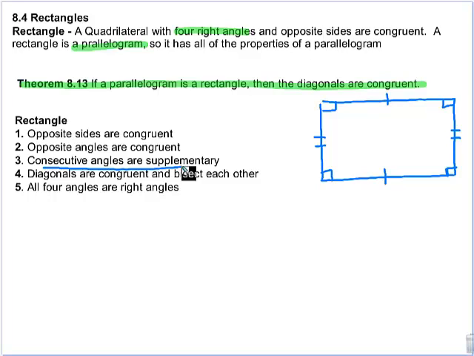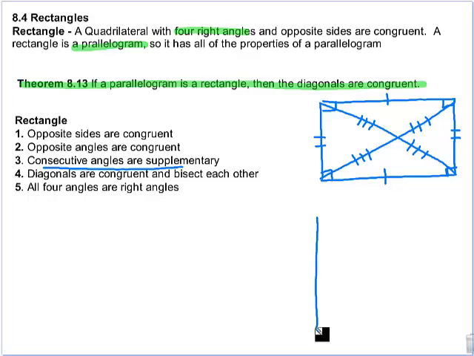Now, for a parallelogram, the diagonals here, they bisected each other, right? So for a parallelogram, these diagonals bisected each other. For a rectangle, they're not only bisecting each other, but they are also all congruent to each other. So we would mark these all with the same congruent marks.